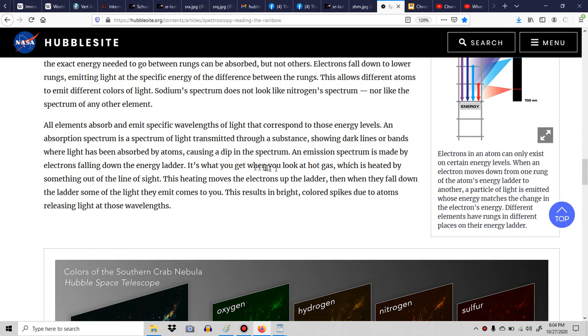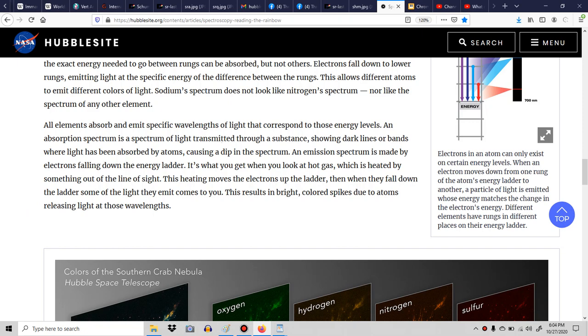It's what you get when you look at hot gas, which is heated by something out of the line of sight. This heating moves the electrons up the ladder. Then when they fall down the ladder, some of the light they emit comes to you. This results in bright colored spikes due to atoms releasing light at those wavelengths.